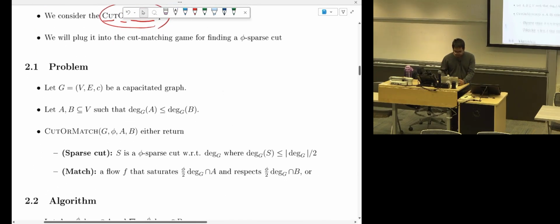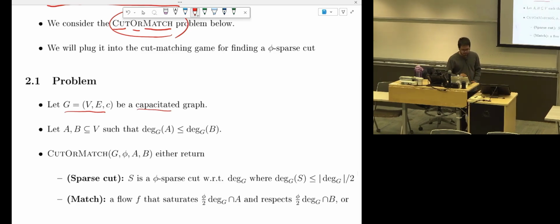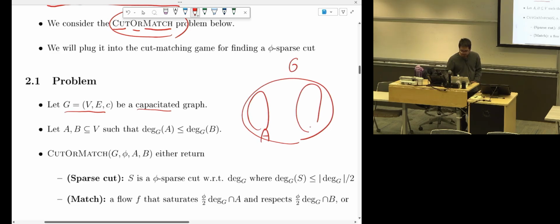It's defined like this. You have a graph, you can even think of it as a capacitated graph. You have A and you have B, and let's say A is smaller than B in degree.